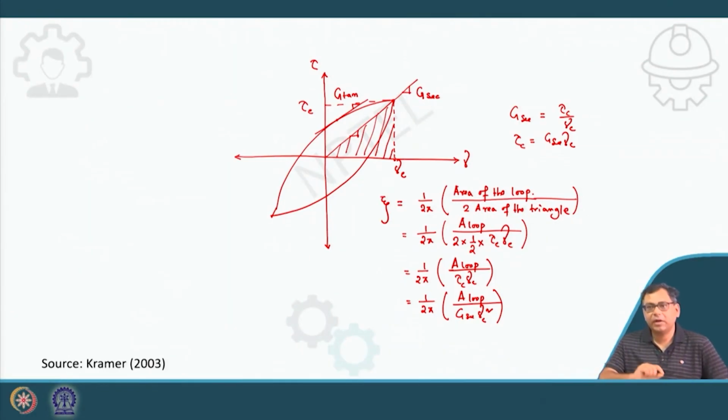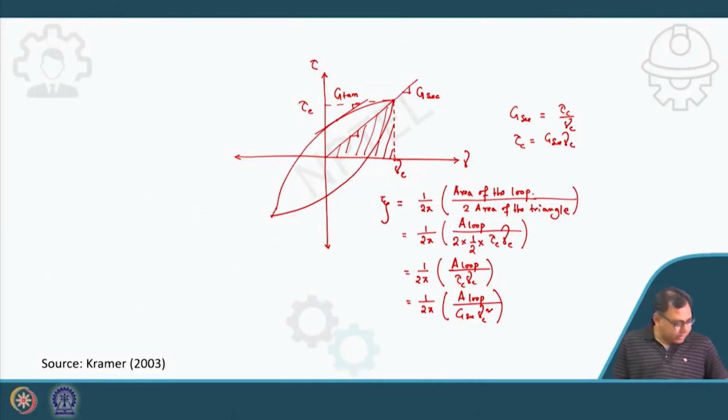In this way you can determine it for every loop, and if you draw the backbone curve, you can determine the secant modulus and the damping ratio at every point. But regarding the damping ratio calculation, I have already discussed that for very large strain conditions, you have to be very careful when using this equivalent linear approach to calculate the damping ratio.